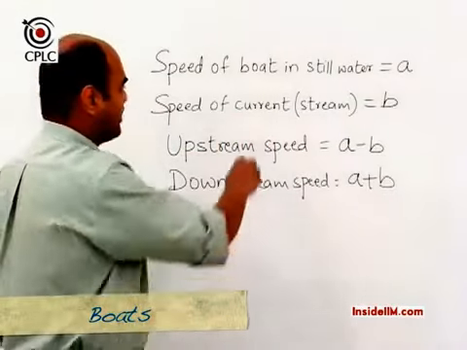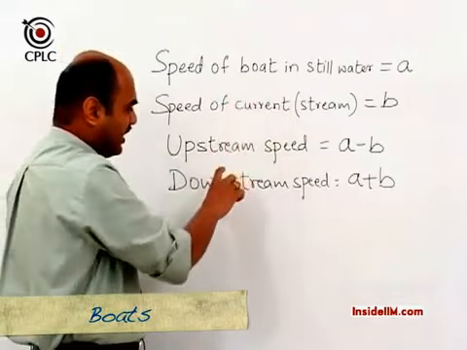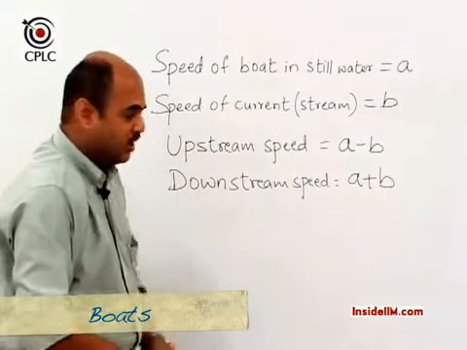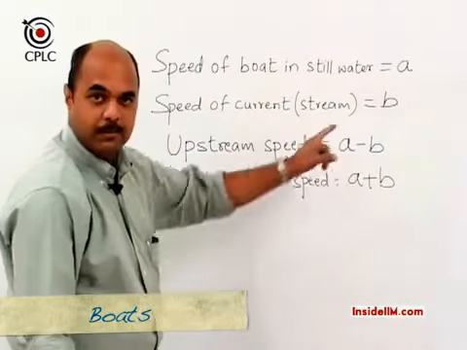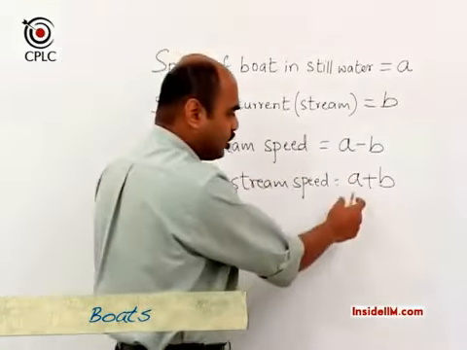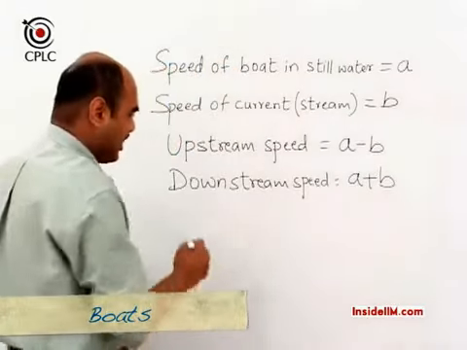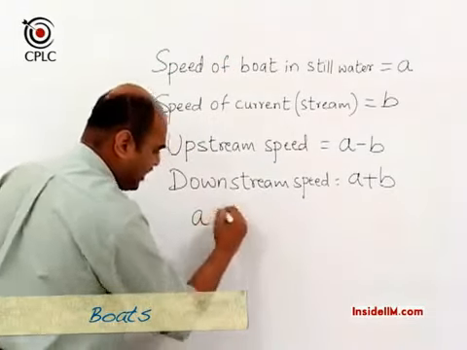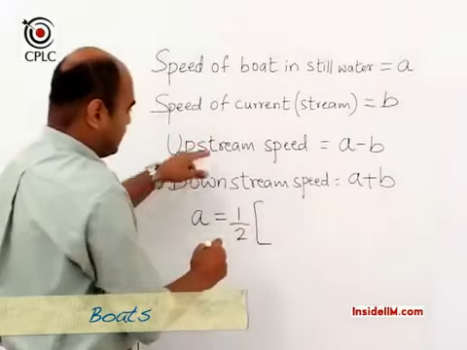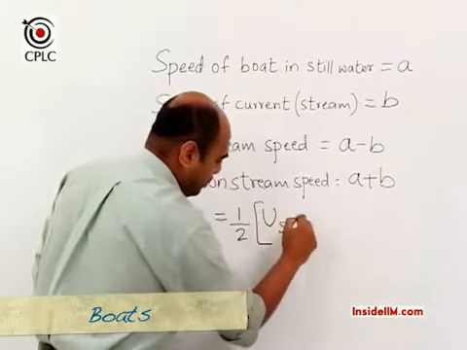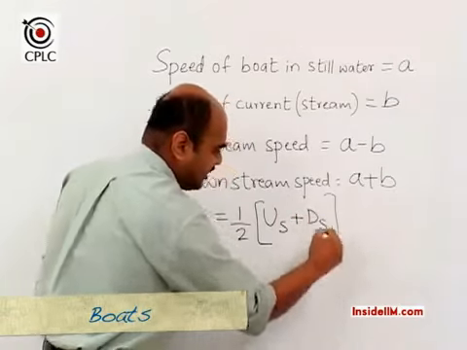So if we want to express the speed of boat in still water in terms of these two, looking at the right hand side, if we add the two, B would cancel off and we would get 2A, and hence we can say that A would be equal to half of upstream speed plus downstream speed.